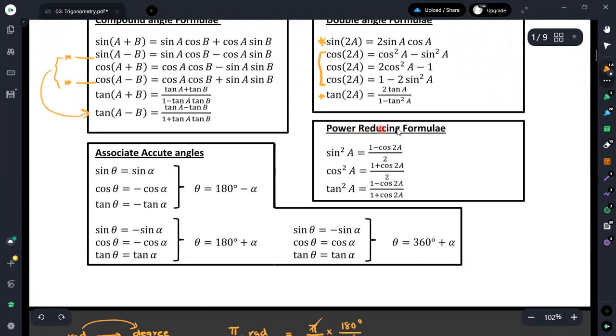That is what we call the power reducing formula. Therefore, if you have sine squared A, it can be simply obtained using the cosine angles.